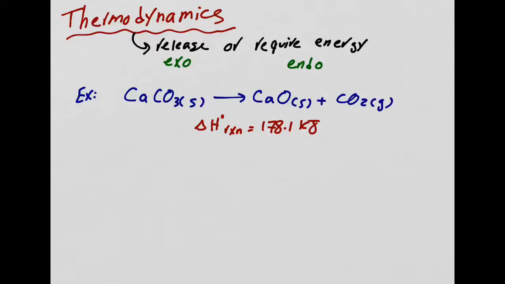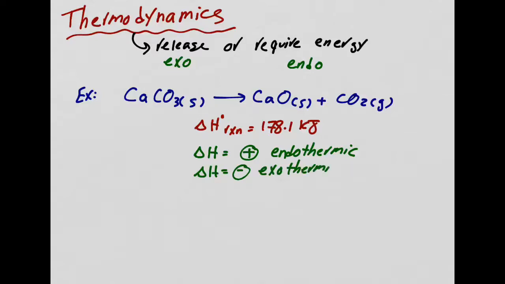Now here's what you need to remember. When the delta H is positive, the reaction is endothermic. That means it requires energy. If a delta H is negative, the reaction is exothermic. That means it will release energy.